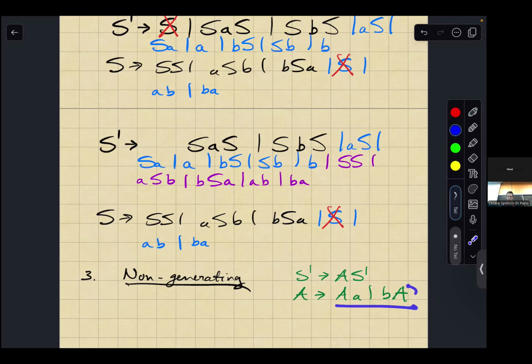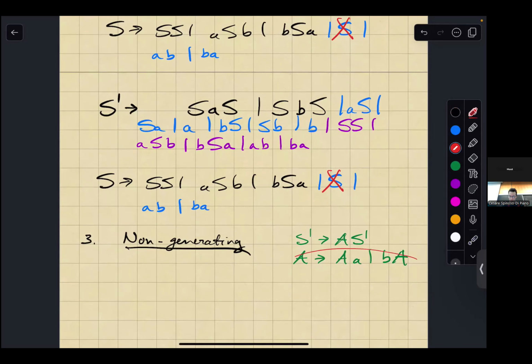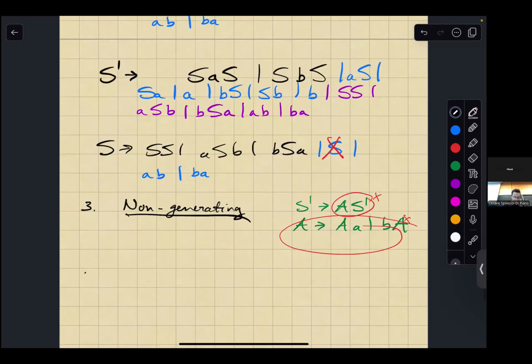So I have to remove these production rules, and I also have to remove this production rule. That is what would happen for non-generating. So I take this out, and I take this out. And then the last thing is reachability, so unreachables.